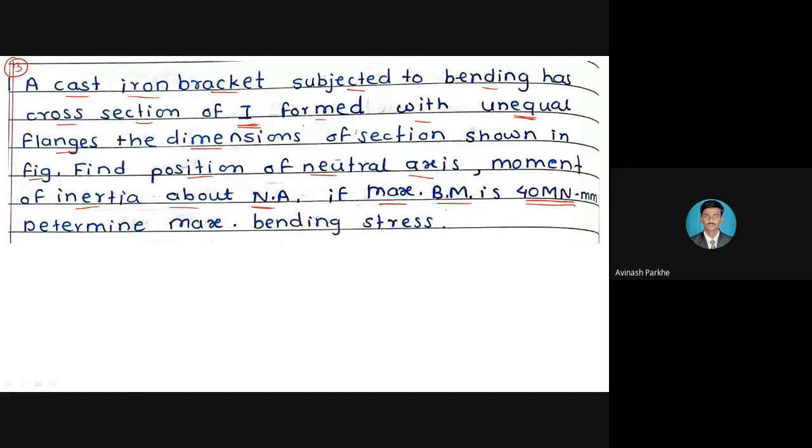In this particular statement, the type of beam and type of load are not mentioned. Simply supported beam subjected to point load, or simply supported beam subjected to UDL, like that statement is not mentioned. But directly maximum bending moment is 40 meganewton mm, which means the M value is directly given. Therefore they have not mentioned the type of beam and the type of load.